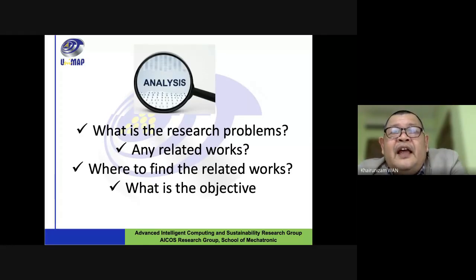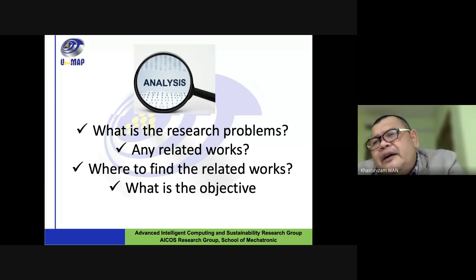And then, related work means the articles, so where do you find them to identify the research problem? Of course, you have to do a critical search and read the articles published by previous researchers.